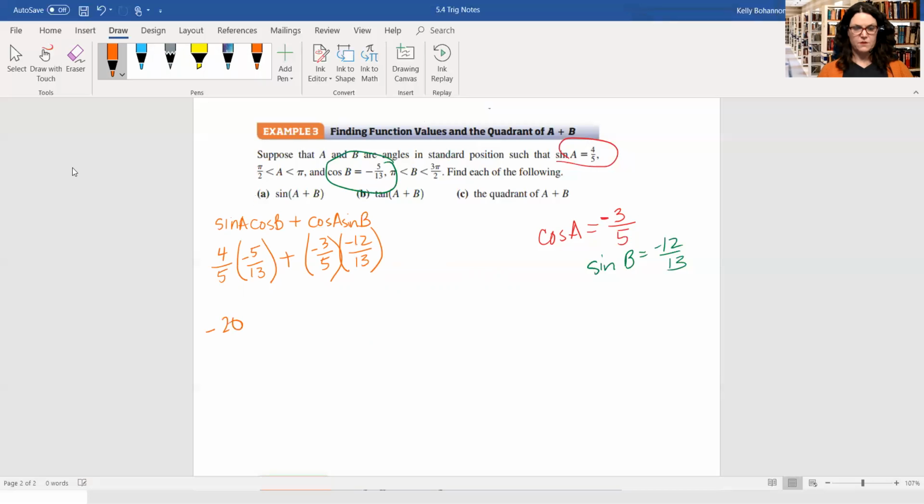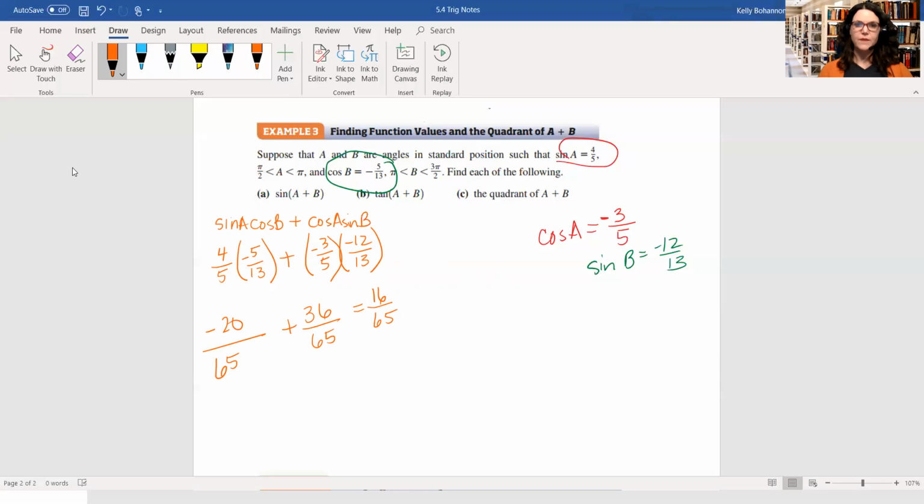So that's -20/65 plus 36/65, which equals 16/65. That does not simplify because there's nothing that goes into both 16 and 65. So that is your answer.